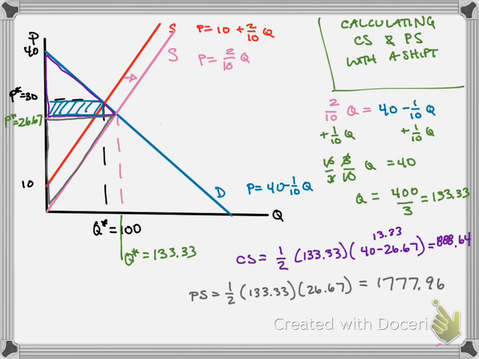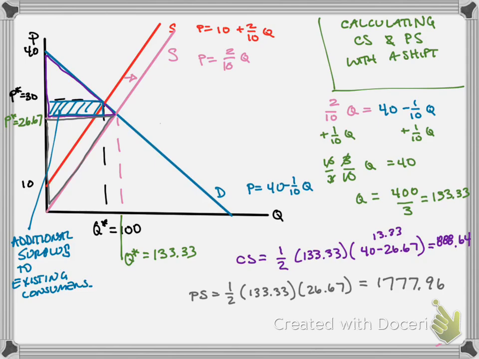That area there is additional surplus to existing consumers. These are consumers who are willing to pay the price of 30, and now they pay a price of 26.67, so that's their additional surplus.